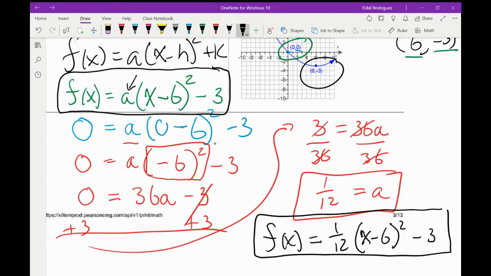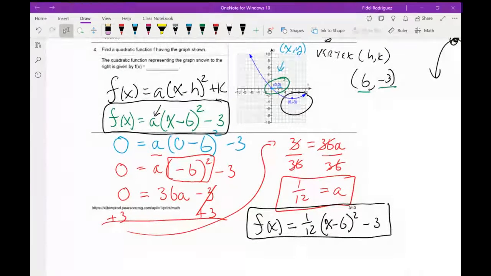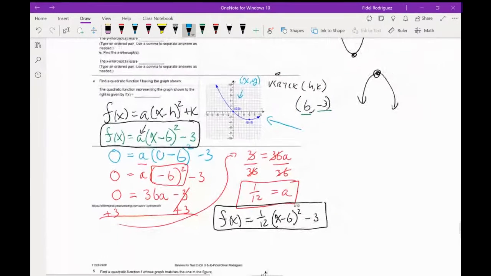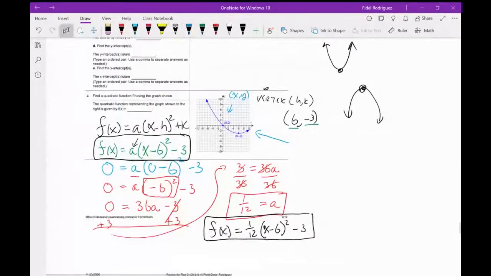Okay. So, guys, one thing I want you to notice here is I'm going to take my eraser because I'm going to clean up a little bit of this mess right here. Okay, if I look at this graph, would you say that that graph is opening up or opening down? Meaning, does that graph look more like this one, or does it look more like that one?